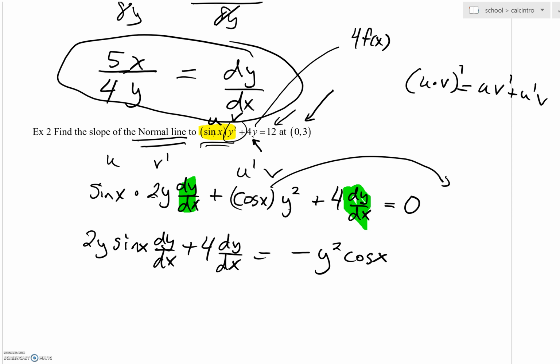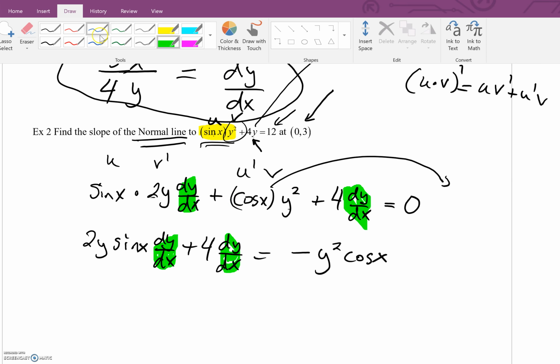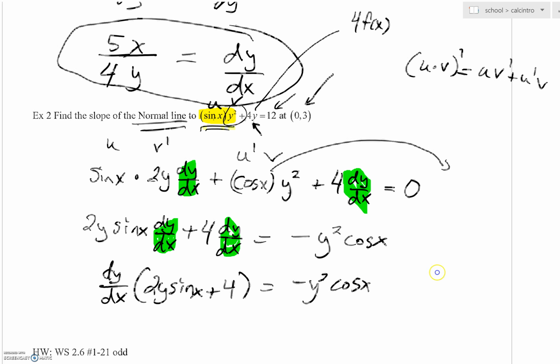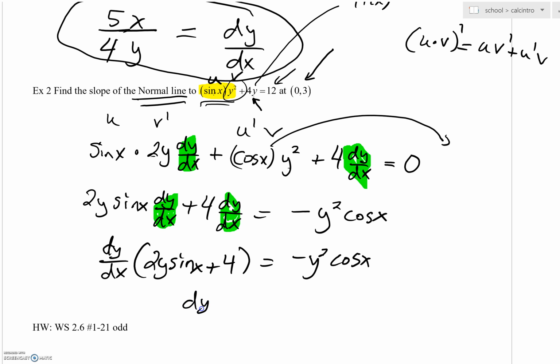Right? If I'm solving for dy dx, guess how I can get dy dx alone? Factor it out. You know it. So now look, if I factor dy dx out, I'll have a 2y sine of x plus 4.